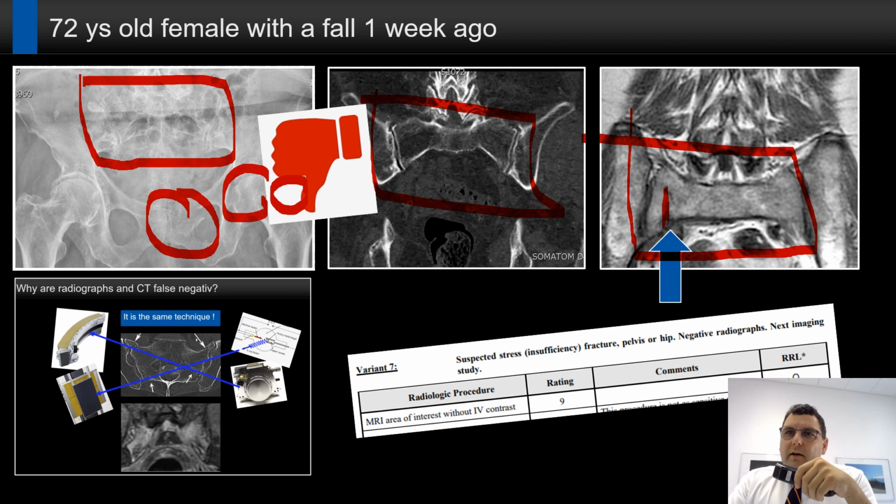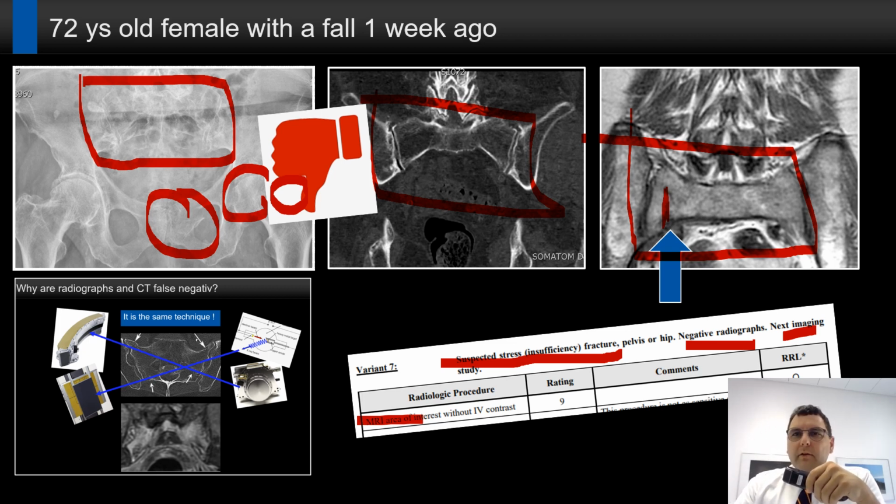The ACR guidelines also indicate this: suspected stress or insufficiency fracture of the pelvis and hip, negative radiogram, the next imaging study should be MRI. So this is very important to remember, and that you directly aim for an MRI in these patients.